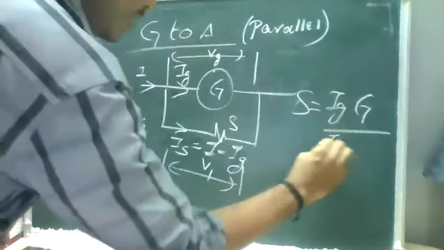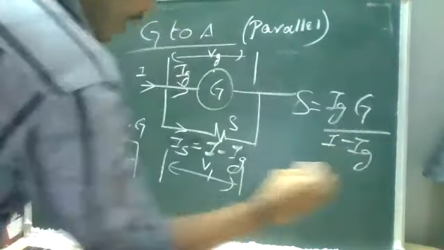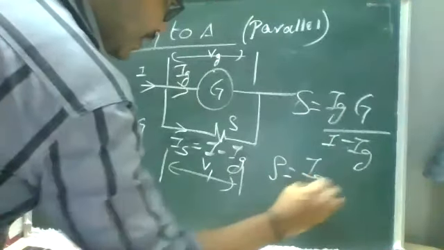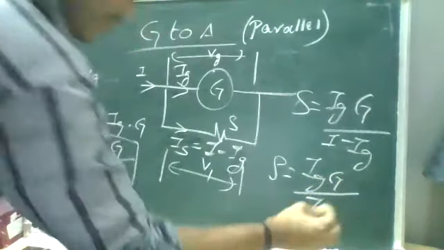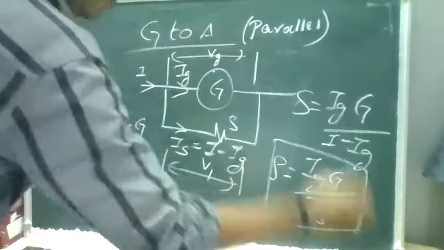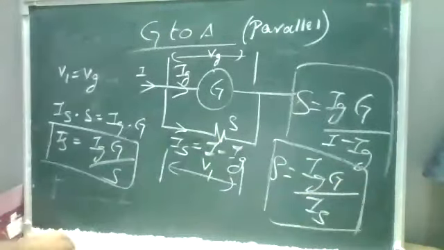Is I can write as I minus Ig, so S is equal to Ig G by I minus Ig, or Ig G by Is. So this is to find the small resistor.